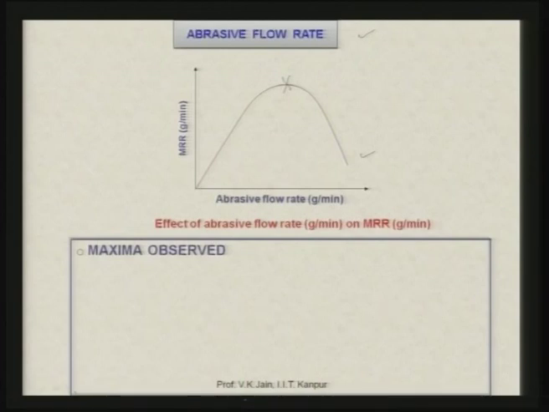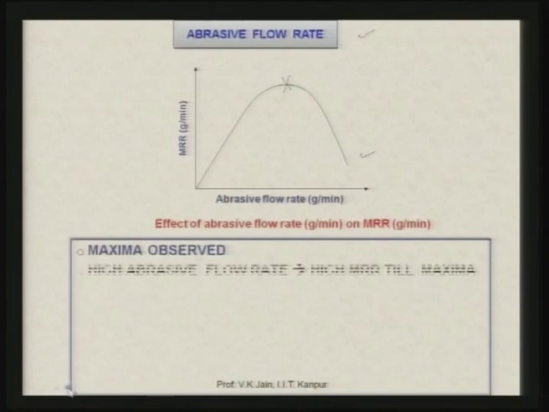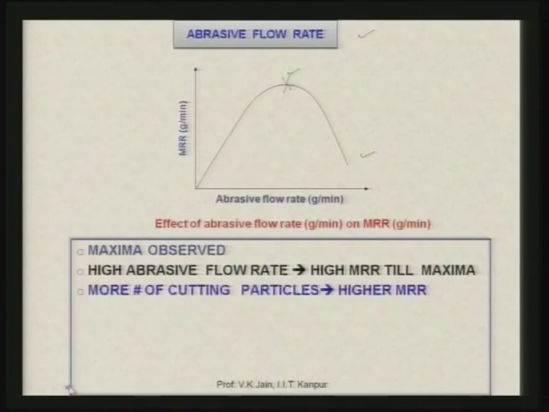Now, let us see what are the reasons for this. Once there is a high abrasive flow rate, you will get high material removal rate till the maxima. As you keep increasing the flow rate, the number of abrasive particles that are removing the material or cutting the workpiece keeps increasing.